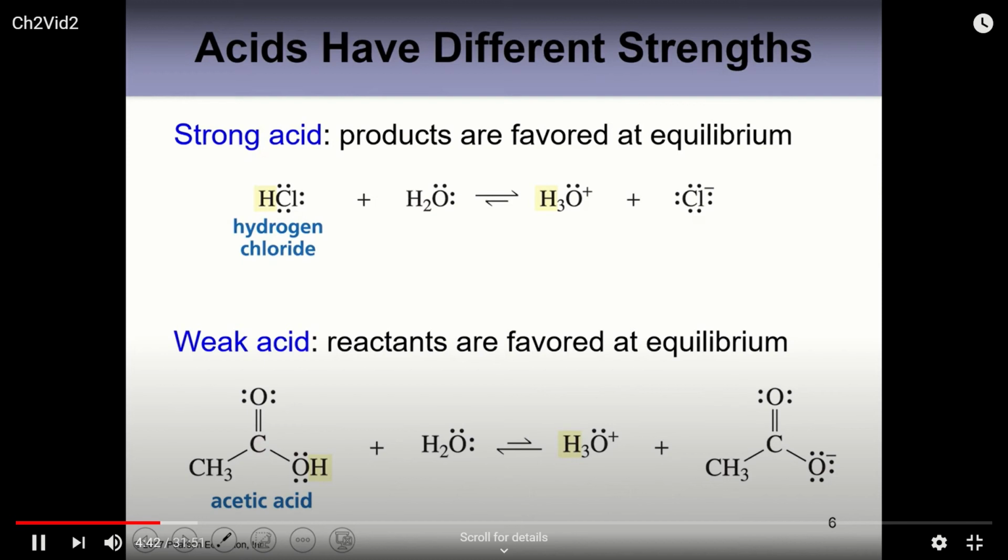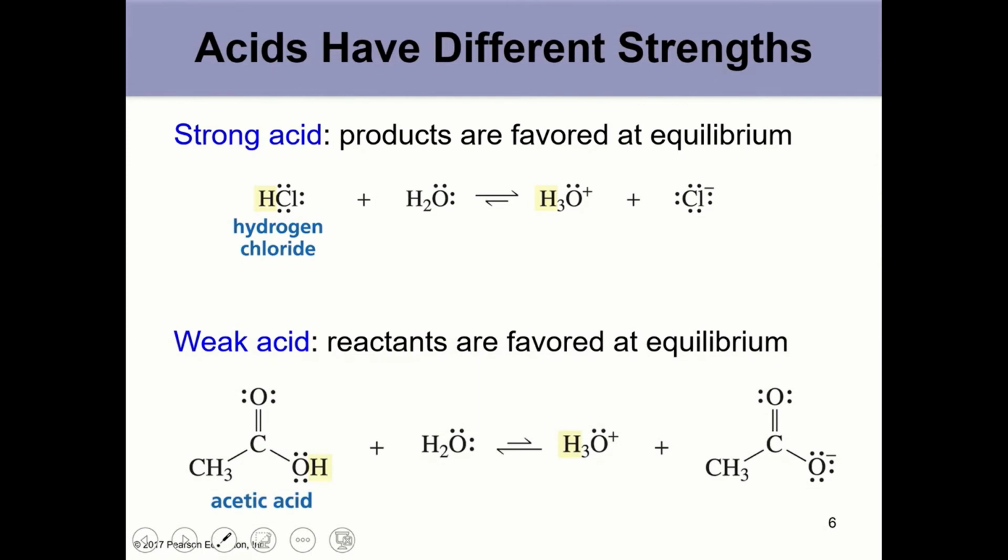Acids have different strengths. We can look at the acid strength here. HCl is a strong acid, and you should have learned in Gen Chem what weak acids and strong acids are, and you should remember that from Gen Chem.